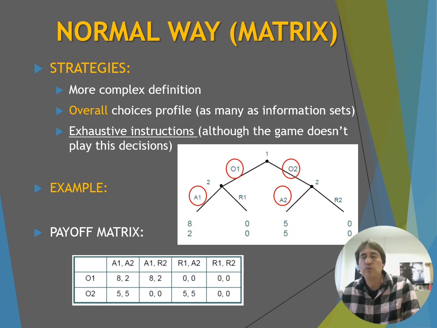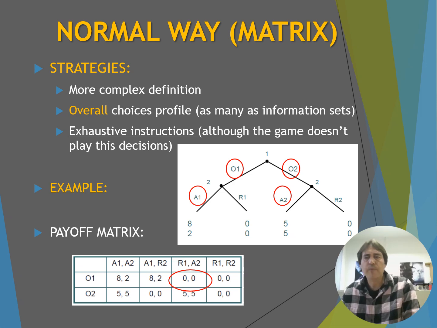Each cell should show the payoffs to each player if the players behave according to the corresponding strategies. For example, the payoff matrix for the ultimatum minigame is as follows, with player 1 on the rows and player 2 on the columns, although it could be done in the opposite way.